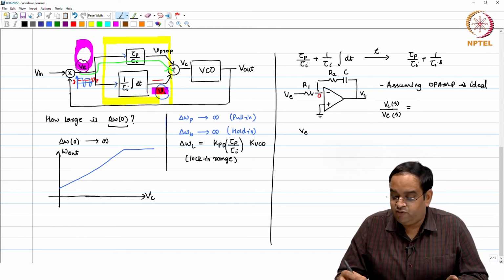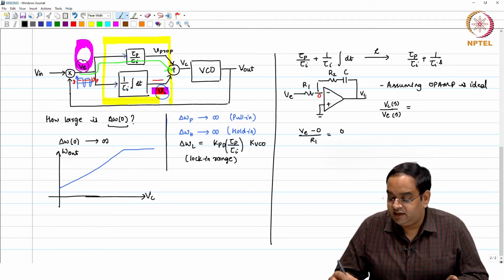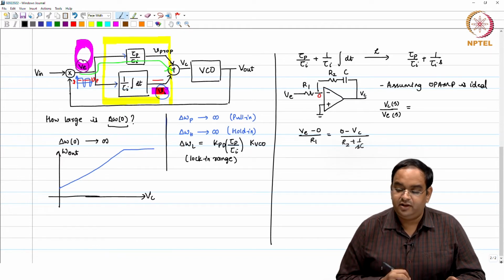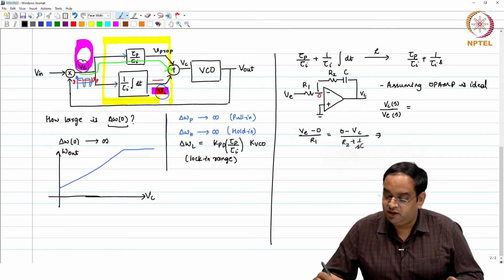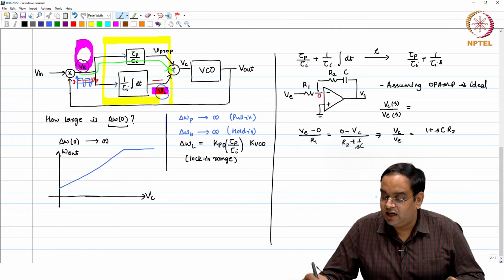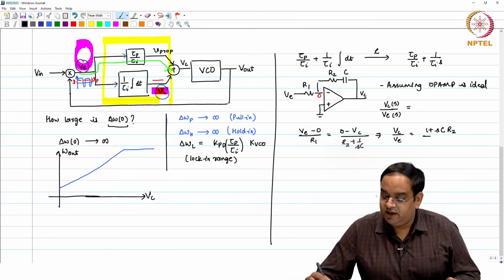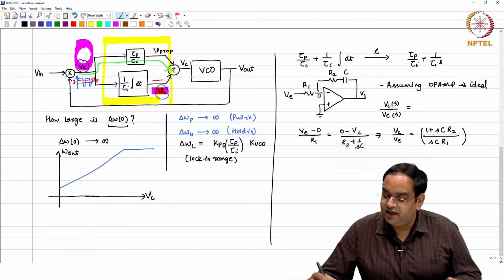So, you will have V error minus 0 divided by R1, that is 0 minus V c divided by R2 plus 1 over S c, which implies that V c by V error is equal to minus 1 over S c R2, divided by S c R1.